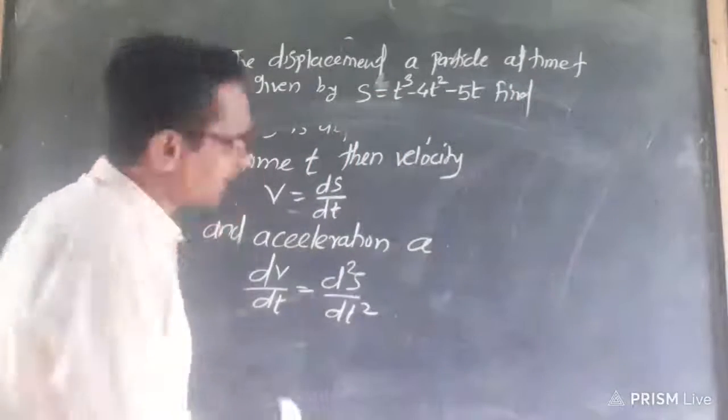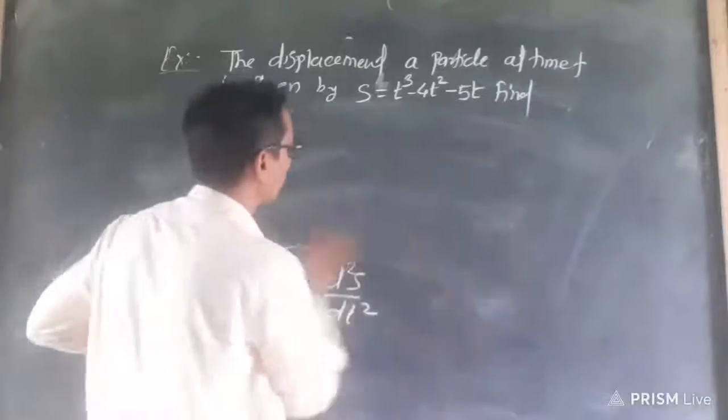Find velocity and acceleration at time t is equal to 2.